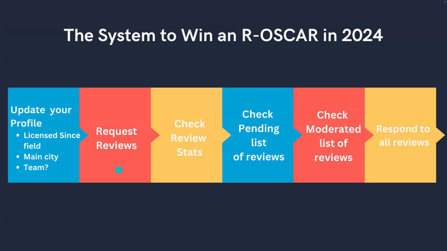And then, what I want you to do is check your review stats. So under my account, review stats is an area, and there could be times that you have sent out reviews, but you have not received the review back. So you've sent out that request. So you want to go through that list and check who you can resend to.